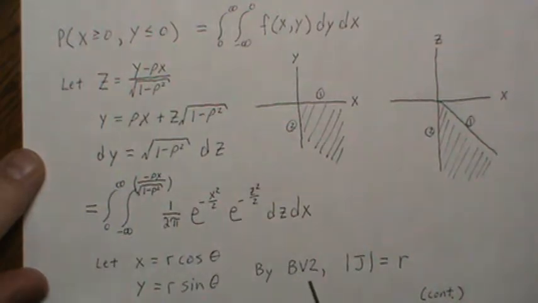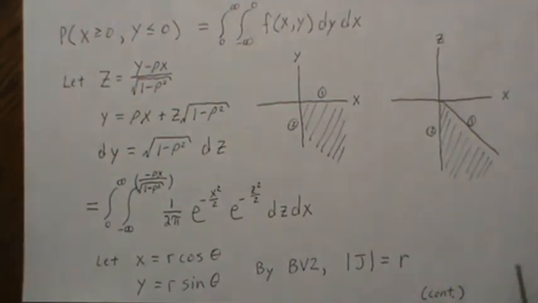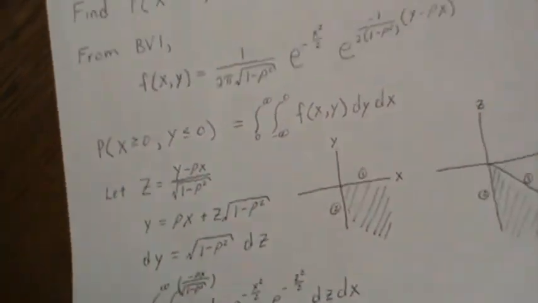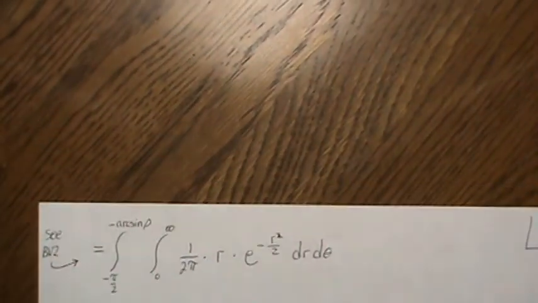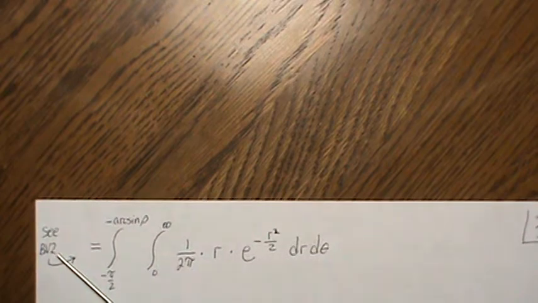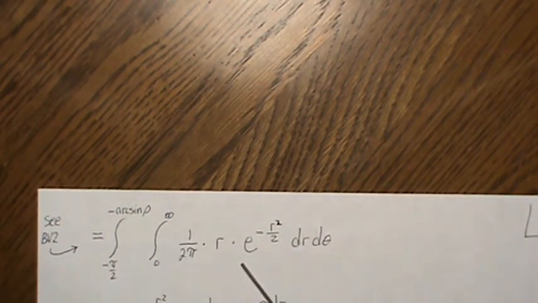And by BV2, we showed that the Jacobian of this transformation is r. And so the absolute value of the Jacobian is r. It's the radius. So now let's plug in this information to our density, and we get this. And you can look at BV2 for a little more background on this if you want.